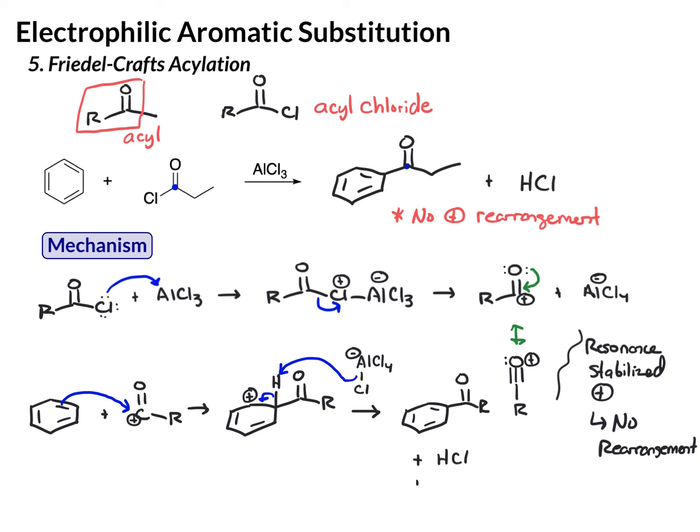So we get HCl, and we reform the catalyst AlCl3. So just to recap, like the other electrophilic aromatic substitution reactions, the first part was formation of the electrophile. The second part is the actual EAS reaction.